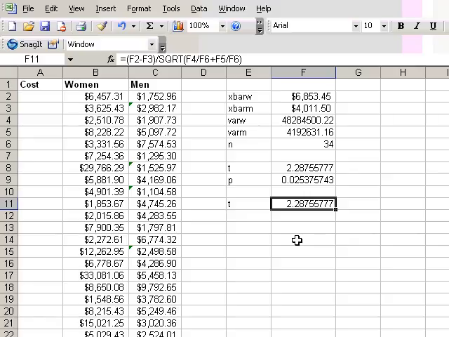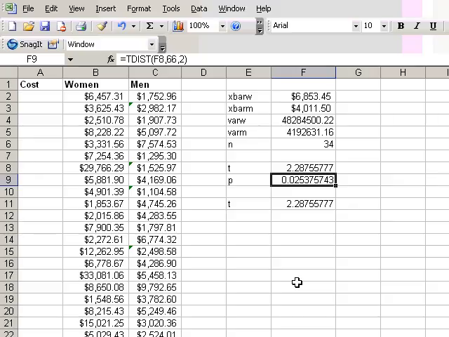There's another important point to consider in regard to unequal variances, and that is that this probability that was calculated for the equal variance case is no longer correct.